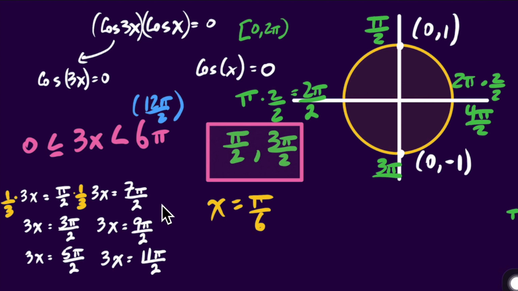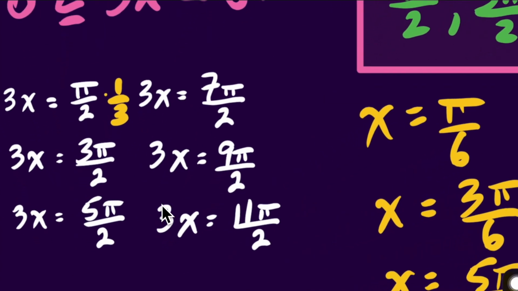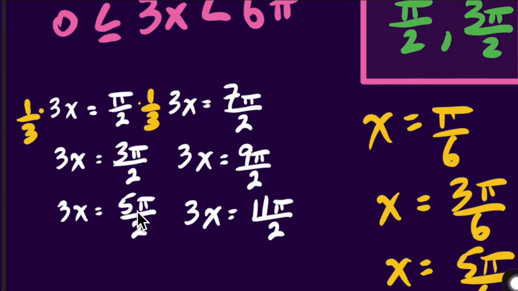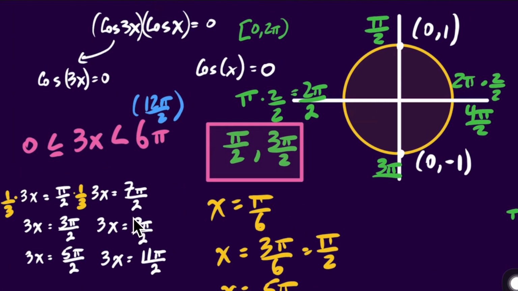The next one is going to be x equals 3 pi over 6, otherwise known as pi over 2. Then we're going to have x equals 5 pi over 6. Okay, that's down here, multiplying that by 1/3, that by 1/3.